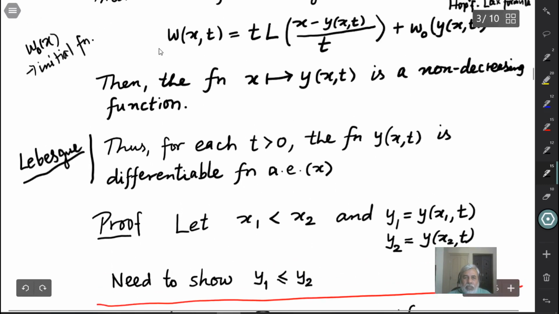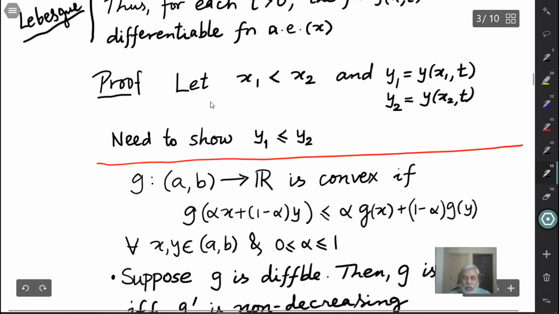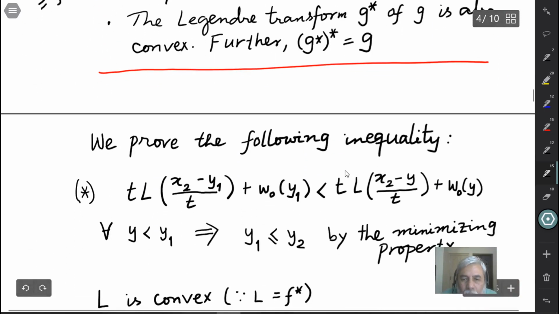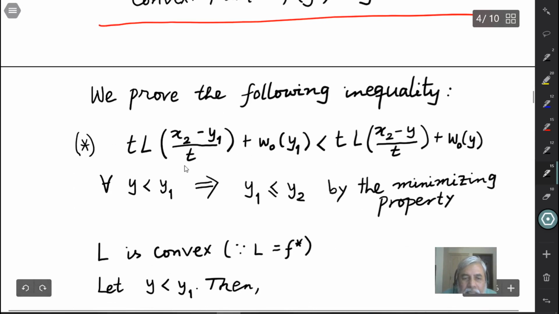So in order to prove the lemma, we have to show that this y1 is less than or equal to y2. In fact, we are going to show a little more. So what we are going to prove is this inequality for the Legendre transform.